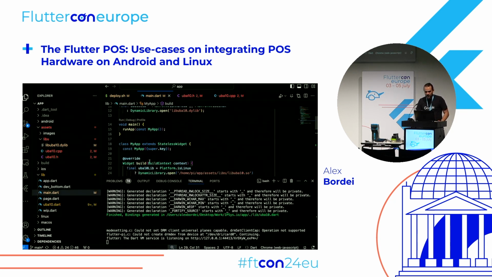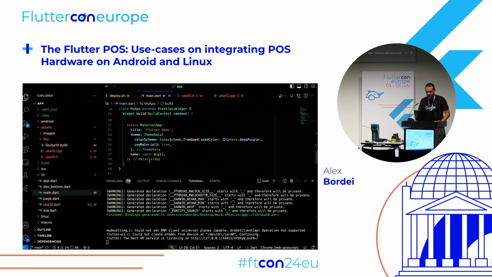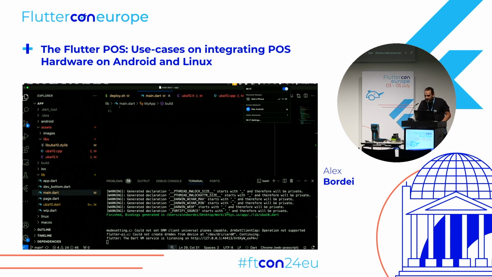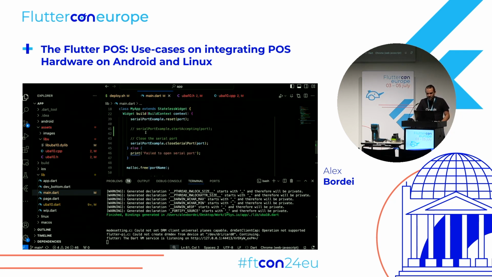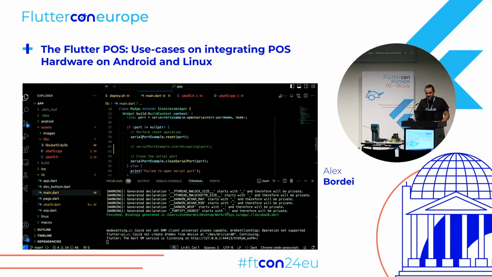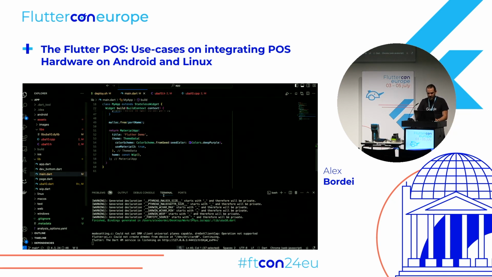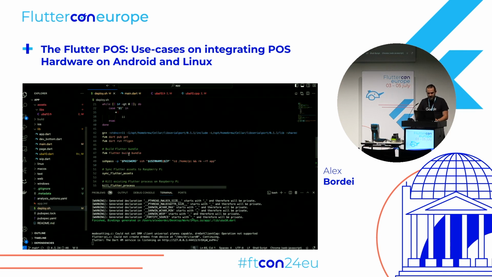I will show you how to run the reset method on the Raspberry Pi. If my hotspot works, we can run the demo. What you will see is I will be deploying this code onto the Raspberry Pi using this command.